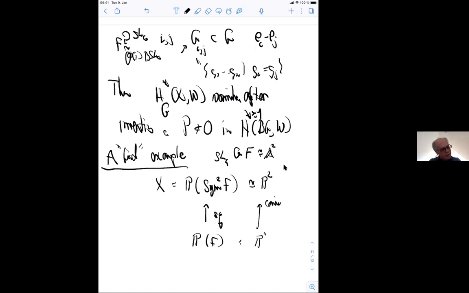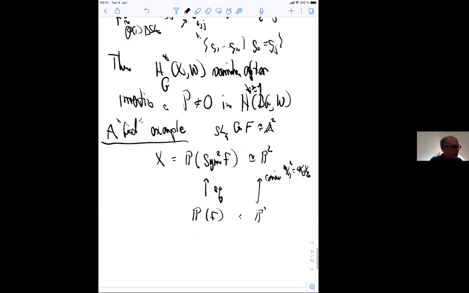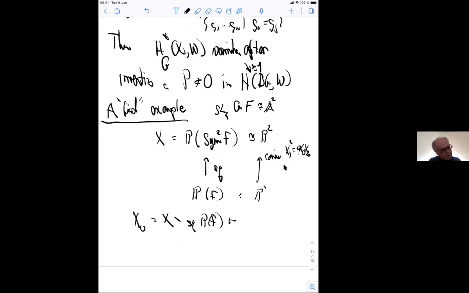In fact, if you use coordinates in some natural way, it's the conic given by x1 squared equals 4 x0 x2. If you view this thing as symmetric bilinear forms, these are the square symmetric bilinear forms. Okay, so now let X0 be X minus this square of this P1. It turns out this is a single SL2 orbit, so this is your homogeneous space.